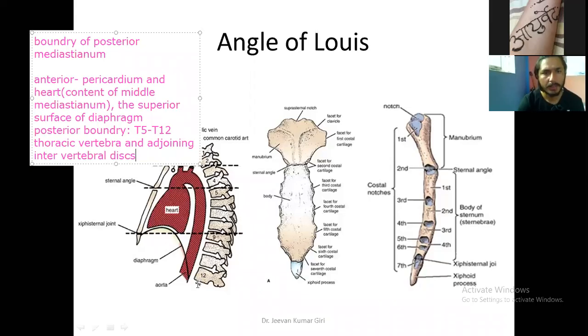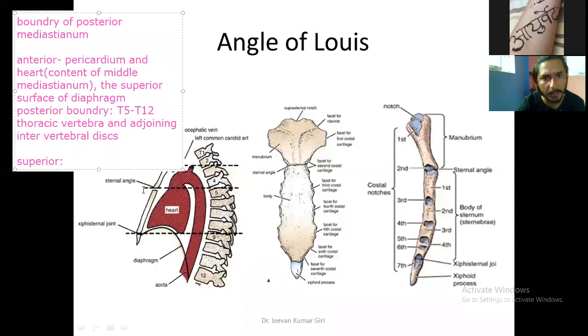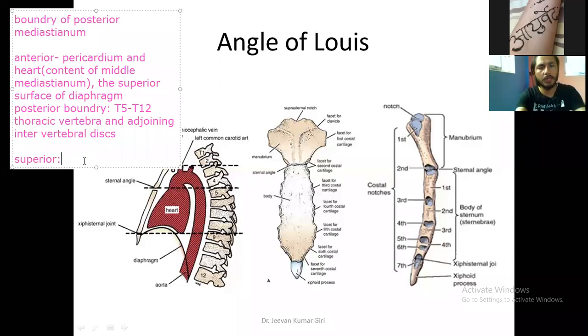Now next is the superior boundary and inferior boundary. What is there in the superior boundary? The same thing. The transverse thoracic plane forms the superior boundary.